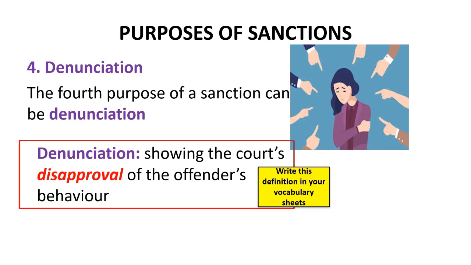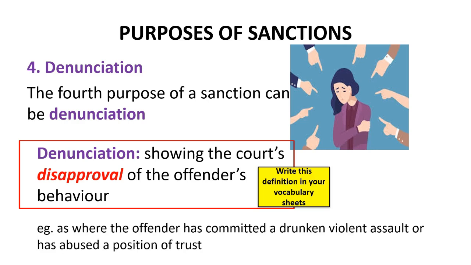committed. The court might want to achieve the purpose of denunciation where, for example, the offender is guilty of committing a drunken violent assault. In that case, the court may wish to show its disapproval of people who cause serious injury to others while they're under the influence of alcohol by imposing a very severe sentence on the offender.